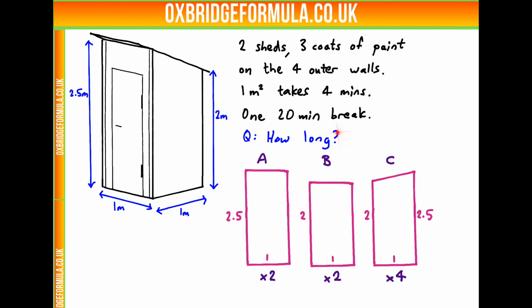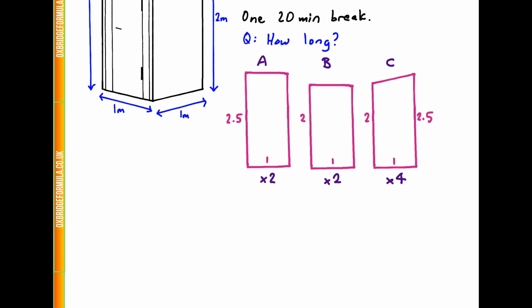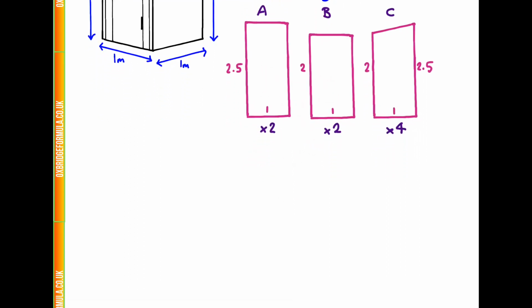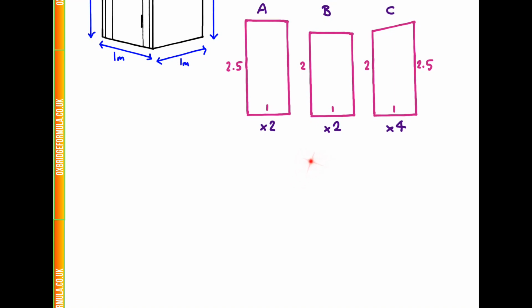Well, maybe it's a good idea to work out, say, how much A area we need to paint, how much B area, and how much C area. That would take us one step closer to our answer of how long the whole thing takes. And so, firstly, what is the area of shape A? We can see that it's 2.5 times 1, which is 2.5 square meters.